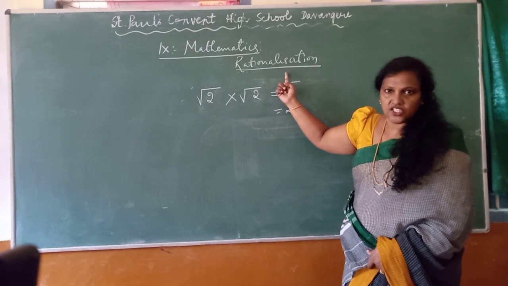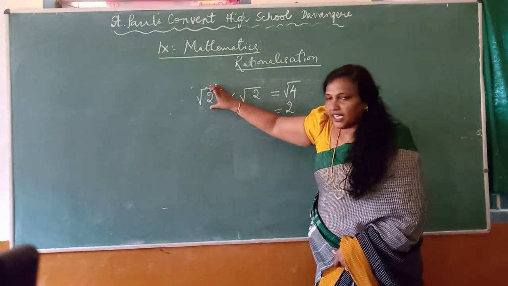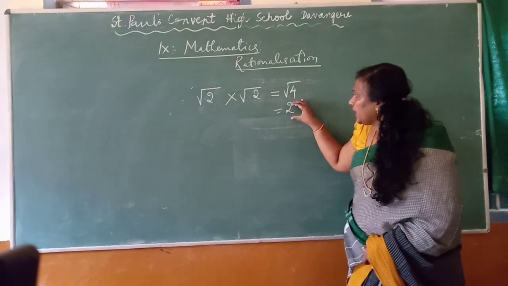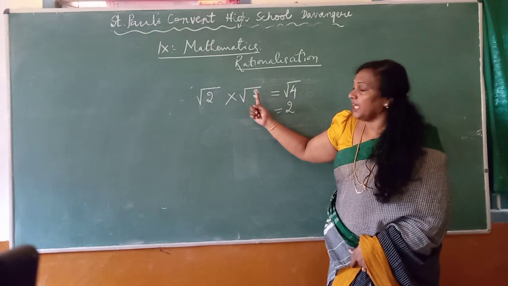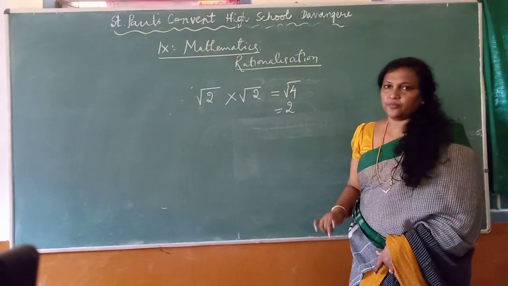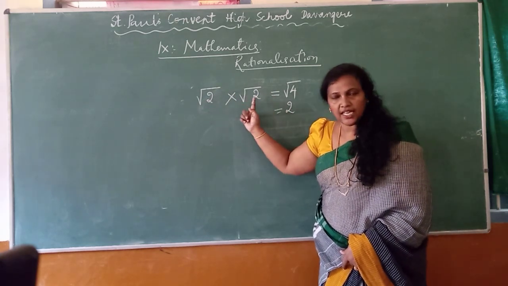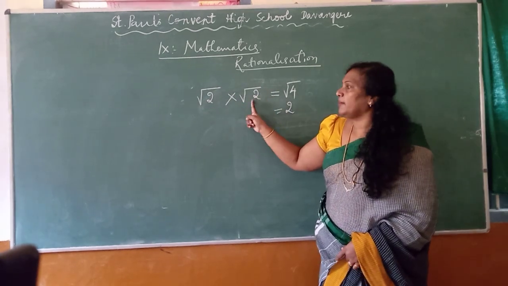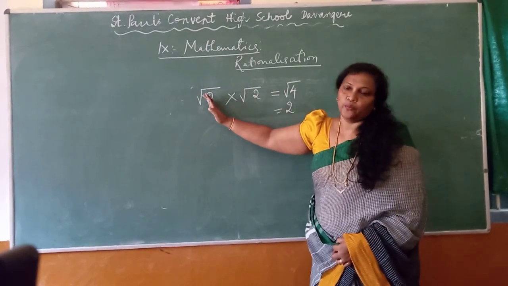as rationalization. When you multiply an irrational number with another irrational number, this irrational number is called the rationalizing factor of root 2.